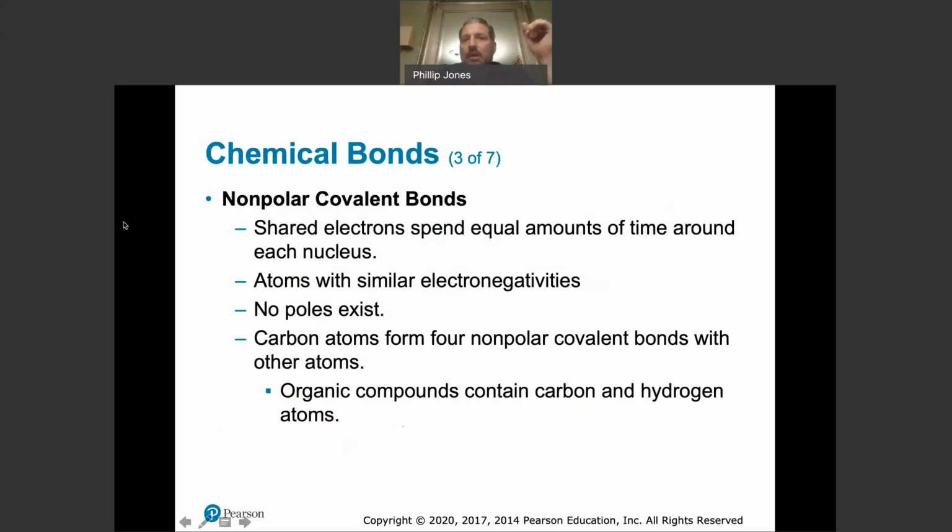Shared electrons that spend equal amounts of time around each nucleus are nonpolar. With atoms of similar electronegativities, no poles exist. But if something is polar, as we'll see coming up, it's going to spend more time on one area than the other.